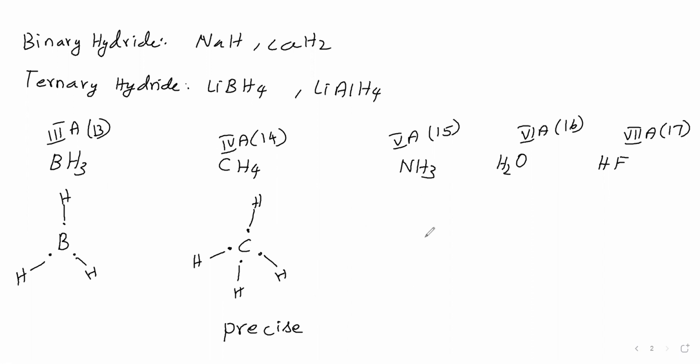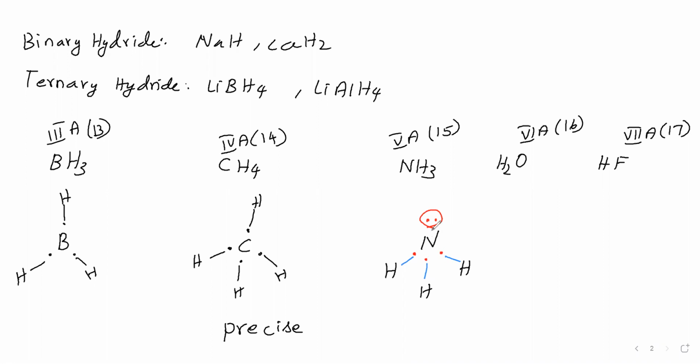Next we will take ammonia. In the ammonia, nitrogen we will take and 3 hydrogens we will take. Okay. Nitrogen valence shell contains 5 electrons. Now these electrons make bonds like this. Now after making bonds, nitrogen valence shell is having octet configuration.